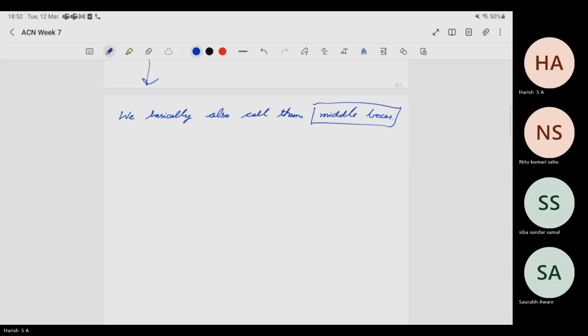So you can, in a way, say that network functions are deployed by middle boxes. All right. So these network functions are deployed by middle boxes.